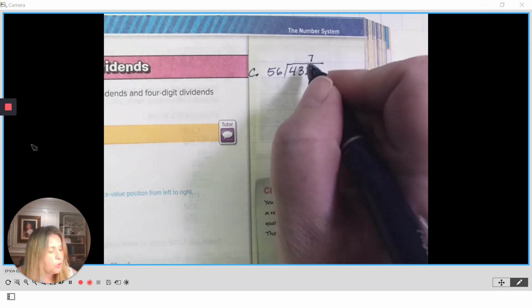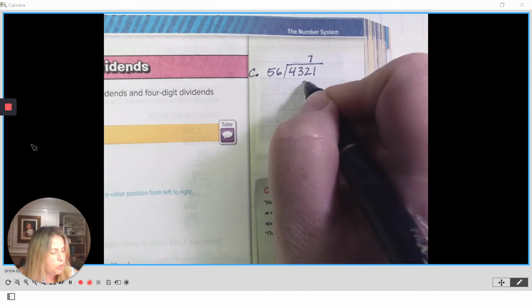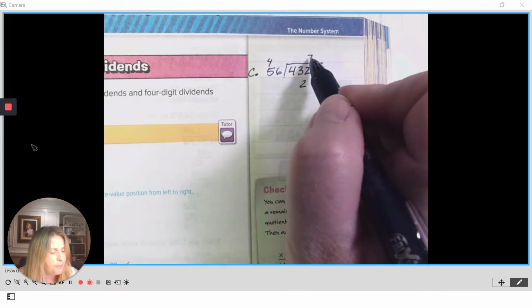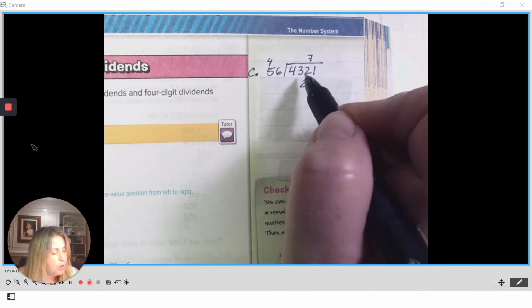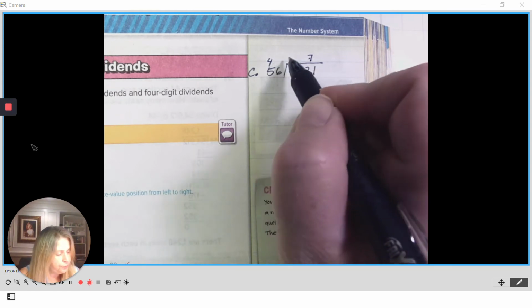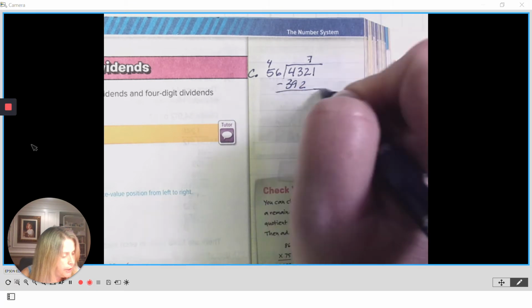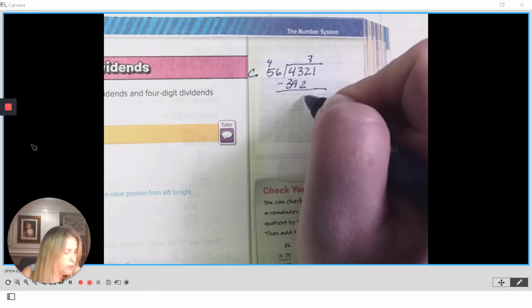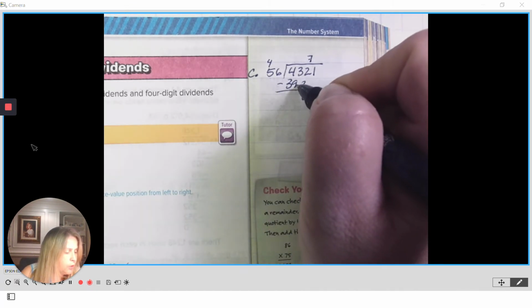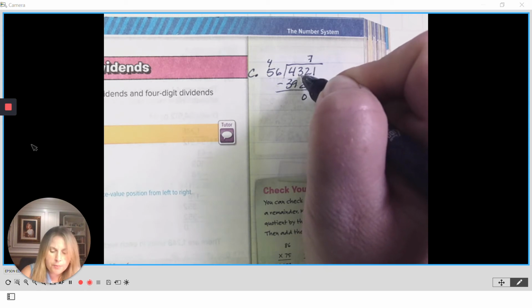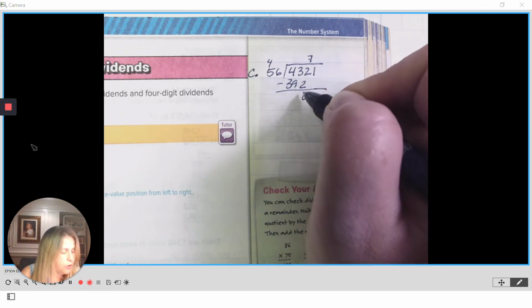All right, so 6 times 7 is 42. Write the 2, carry the 4. 7 times 5 is 35, plus the 4 we carried is 39. So we're good there. So then we subtract: 2 minus 2 is 0. 43 minus 39 is 4.